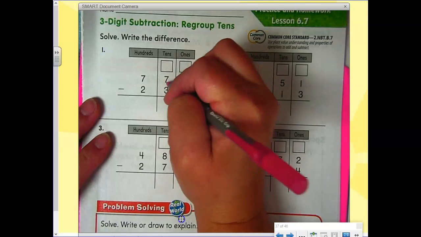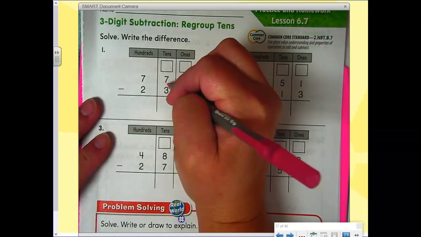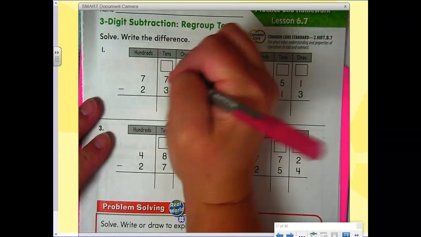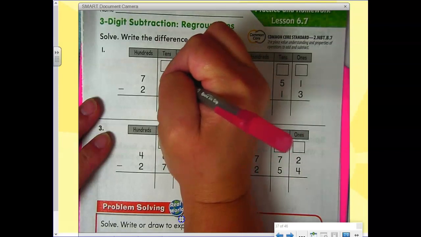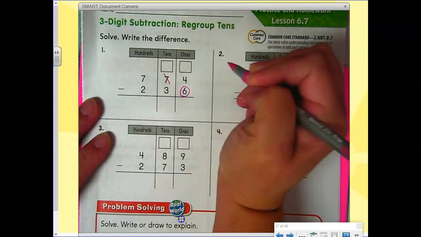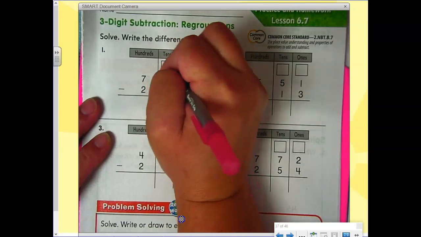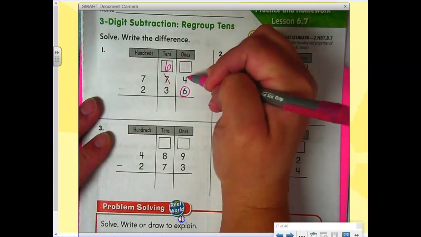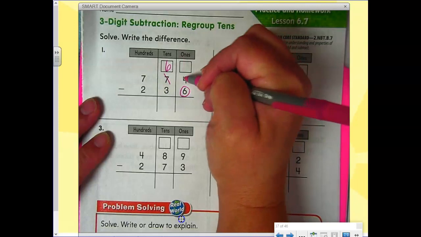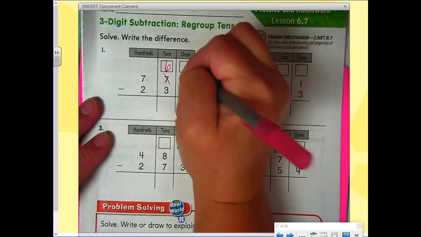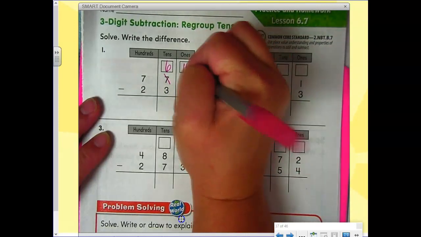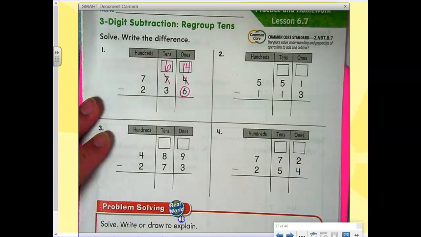So I go to the tens place. I have 7 tens. I need to take one away. 7 minus 1 equals 6. Now I break it down into 10 ones. So 10 plus 4 equals 14. So that's my regrouping.